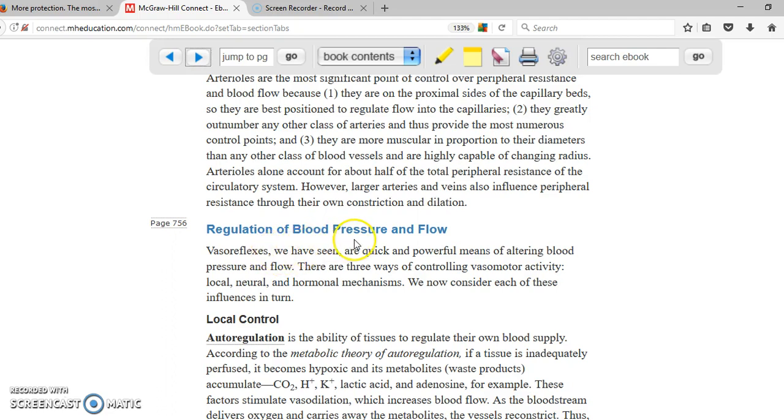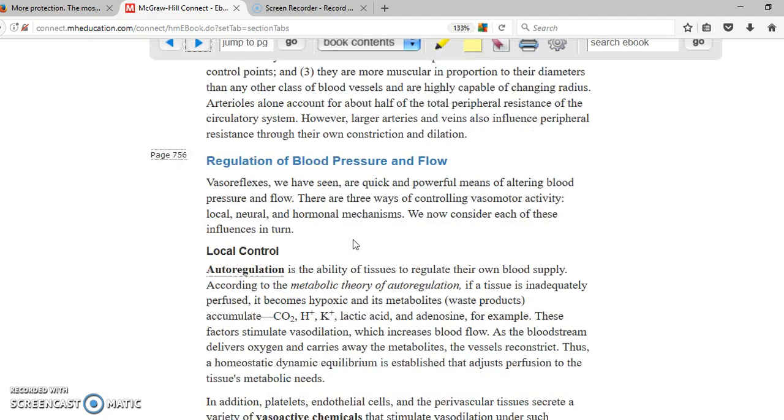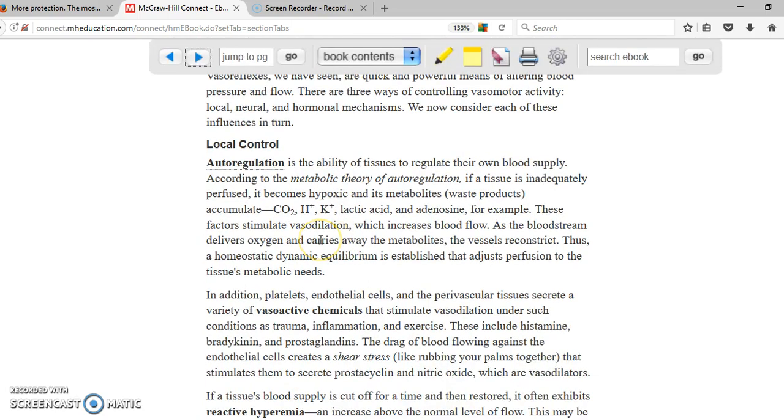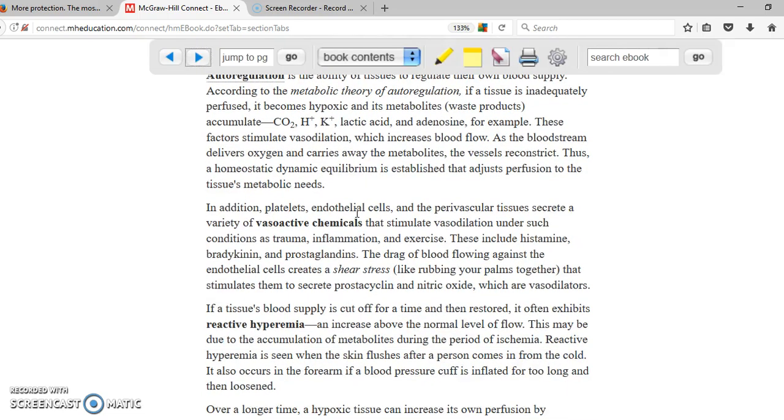Regulation of blood pressure and flow. Obviously, the regulation is going to be done by multiple different ways to control it. You have local control. For example, if you have an area that is going to have low blood flow for whatever reason, then you're going to start accumulating a whole bunch of carbon dioxide because you don't have enough flow of blood in there.